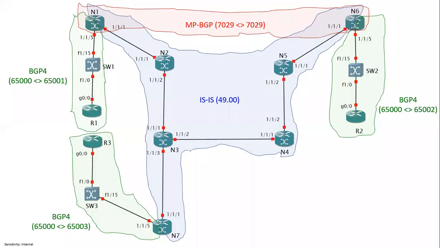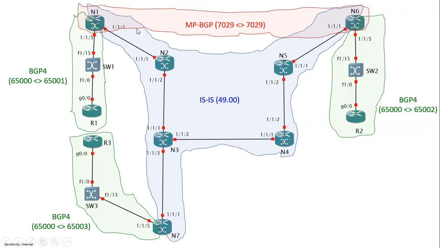All right, so this monstrosity is a logical view of what our routing is going to look like. So within our service provider IP MPLS core, we have our label switch routers all in ISIS area 49.0.0. So routers N1, N2, N3, 4, 5, 6, and N7. And we're running external BGP4 between our provider edge routers and our customer edge routers.